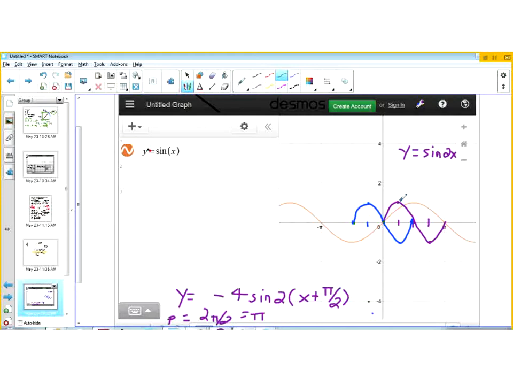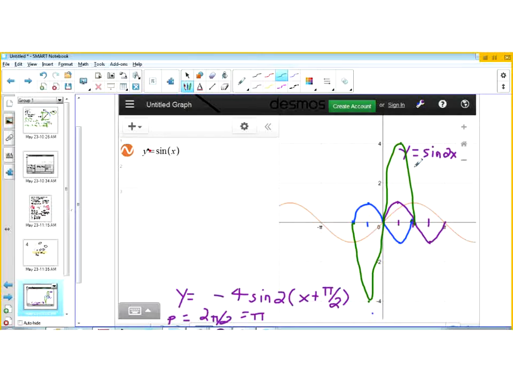At π/4, the output is -1 times -4, so at π/4 we have to go to 4. And then the x-intercepts stay the same with an amplitude modification. So our graph will look something like this over one period. Like that.